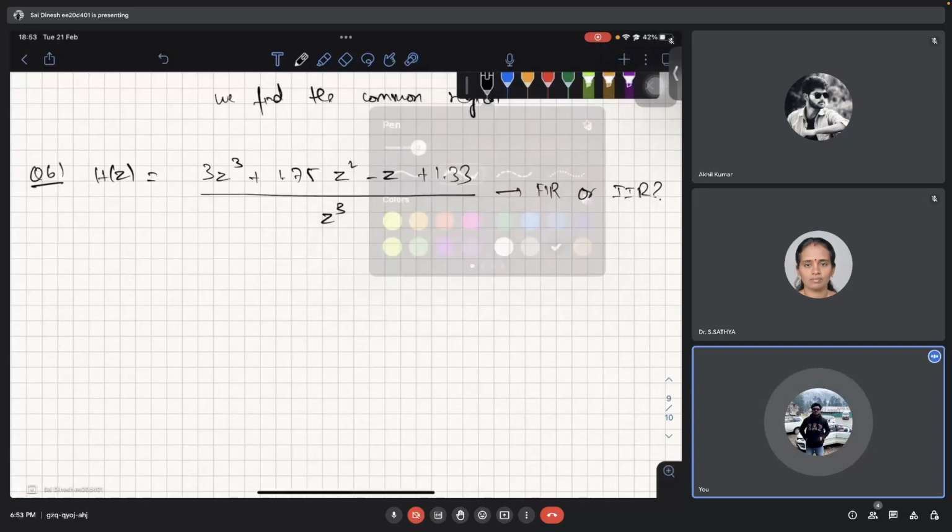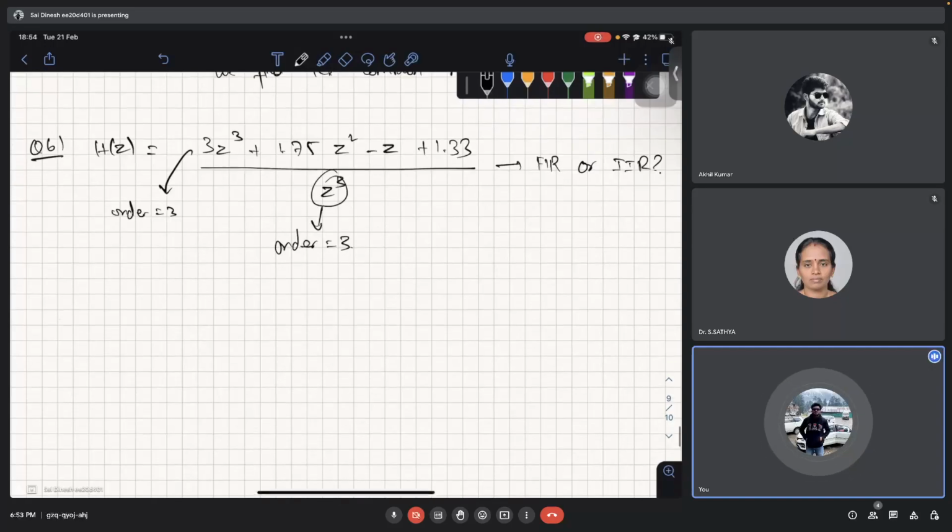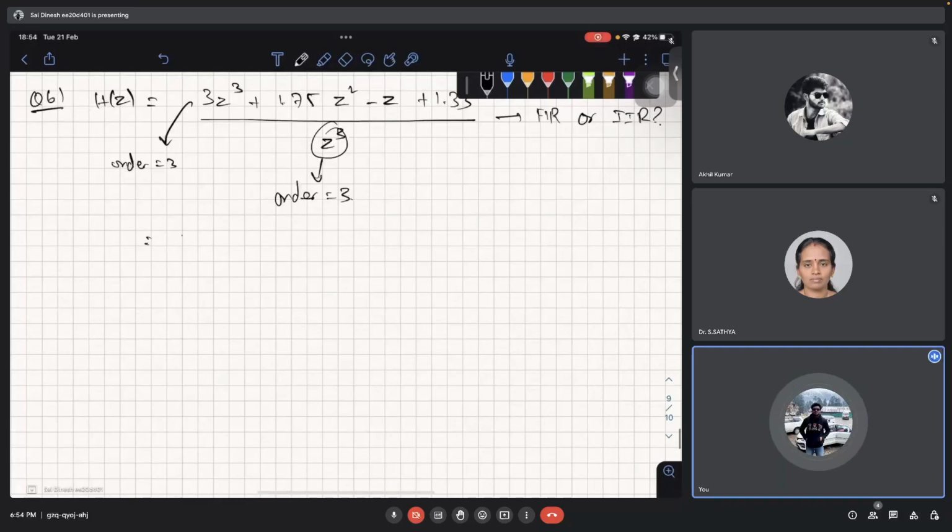Here the numerator order is 3 and the denominator order is 3. If we divide by z cube, we have 3 plus 1.75 z inverse minus z power minus 2 plus 1.33 z power minus 3.